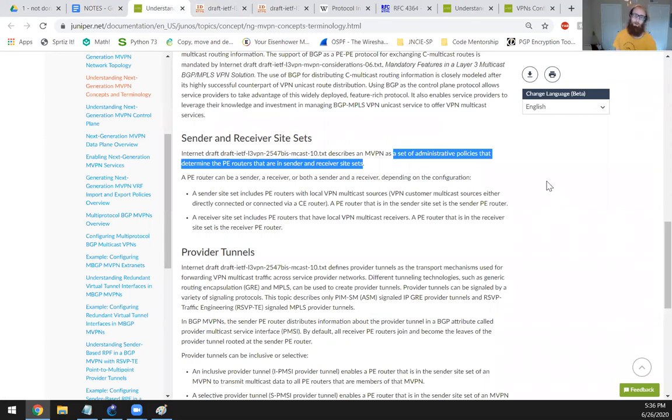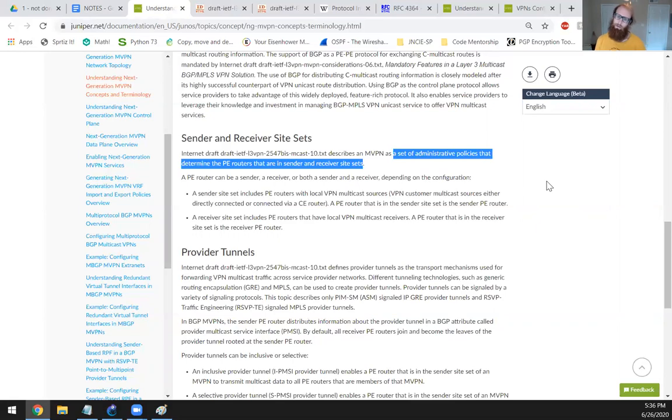A PE router can be a sender, a receiver, or both a sender and a receiver, depending on the configuration. A sender site set includes PE routers with local VPN multicast sources, either directly connected or connected via a CE router.